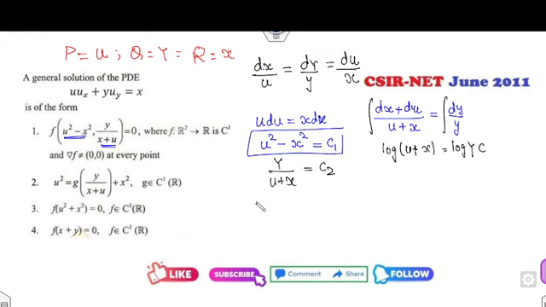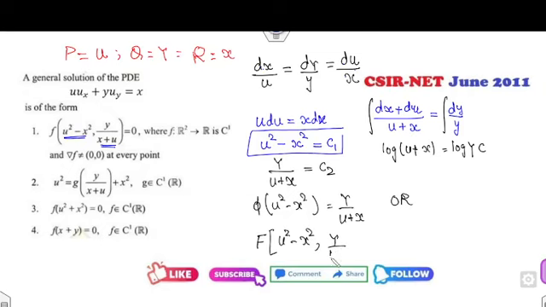You can write the solution in the form of phi of one part is equal to second part, or you can also write the solution say f of the first function comma second function, and that is my first part. You can see how you can make the second part. If I write this function as u square minus x square is phi of second part, then clearly say u square is 1, g instead of the phi is my g.